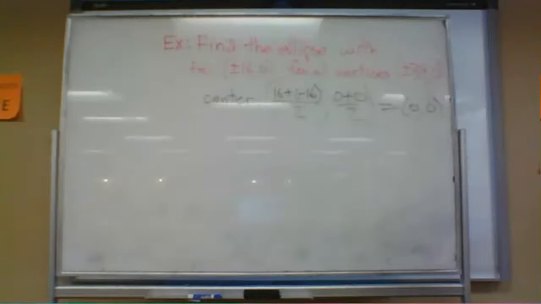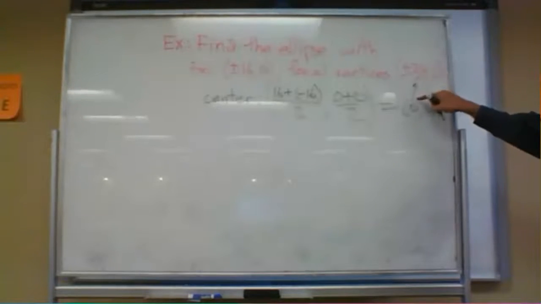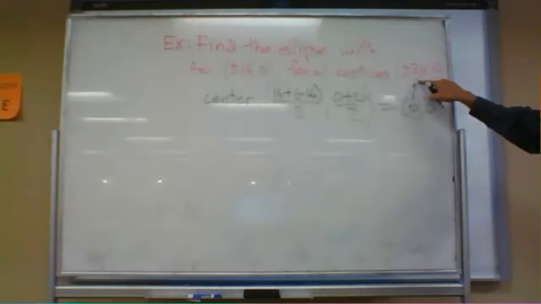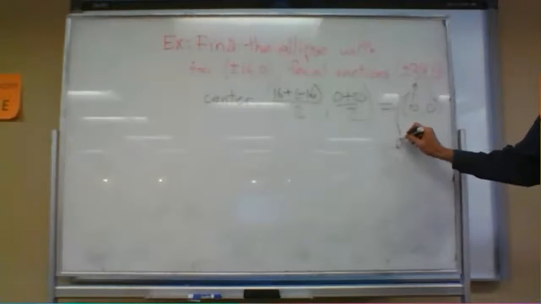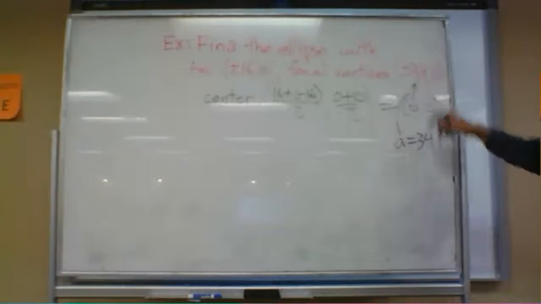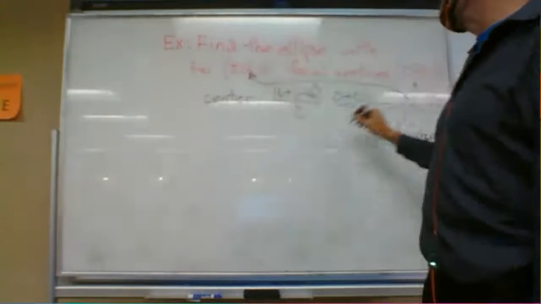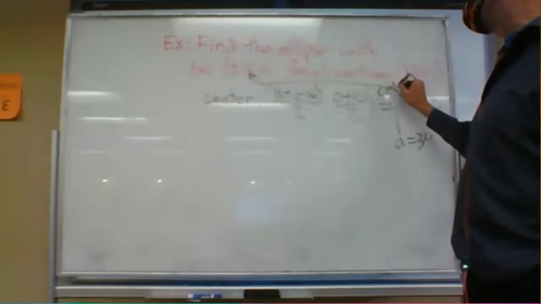Now, what letters do we know? From the center to the vertices is A, right? So A equals 34, the distance from the center to either of the vertices. The distance from the center to the foci tells you C. Evidently, C equals 16.